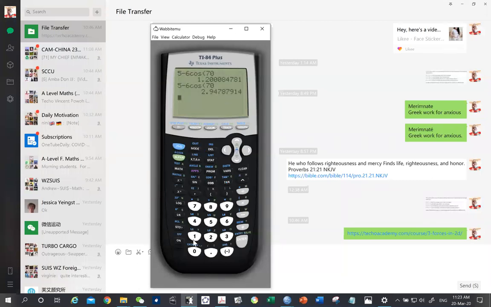And then I'm looking for sine inverse of 5/4 cos 50.